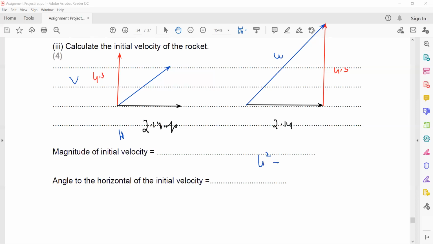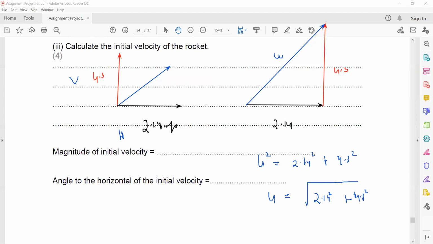According to the Pythagoras theorem, hypotenuse squared is equal to base squared plus perpendicular squared. So you will square these two, and u is the square root of 2.14 squared plus 4.3 squared.